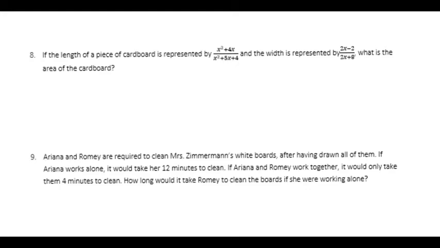We're going to start with this word problem about the area of a piece of cardboard. This sometimes scares people a little bit because we're dealing with a word problem all of a sudden, but you just have to remember that this question is asking about area, and area is equal to length times width. In the problem they give you the length and the width.